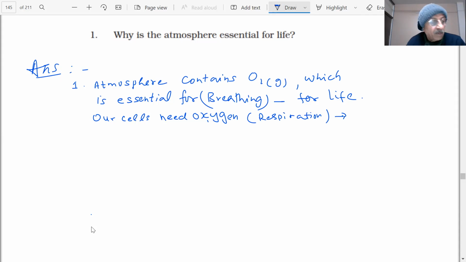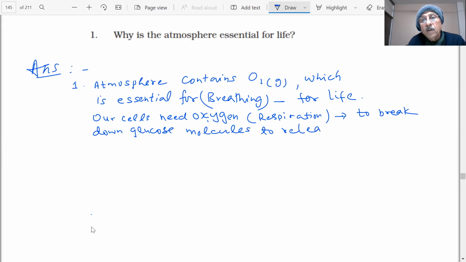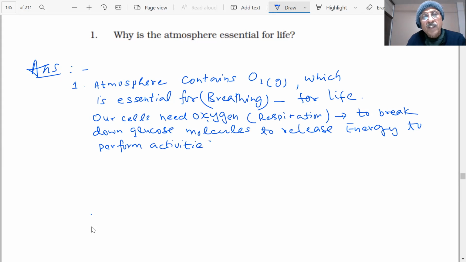What reaction? To break down glucose, the sugar molecules, to release energy to perform activities. Can cells survive without oxygen? No, sir. So that process is taking place.